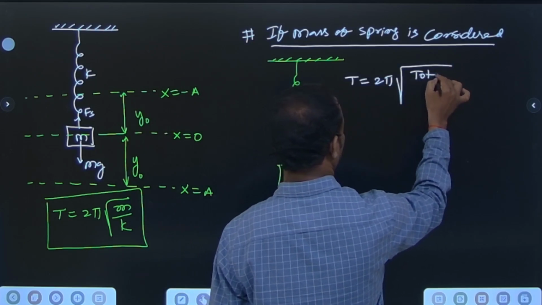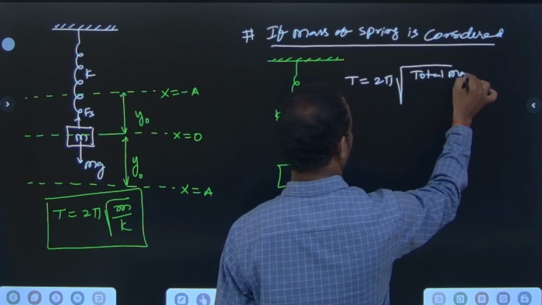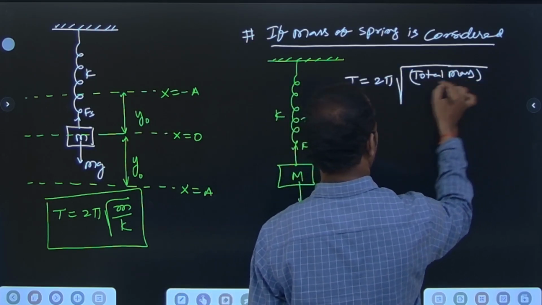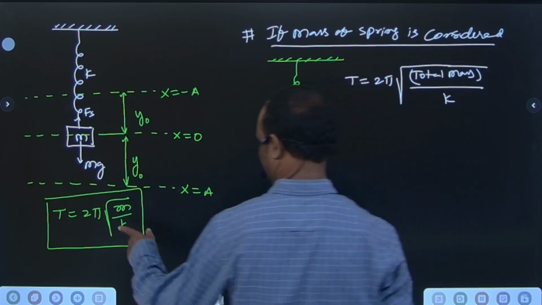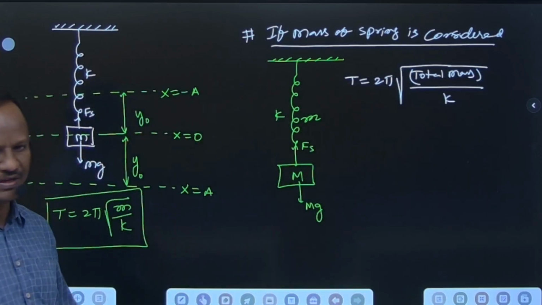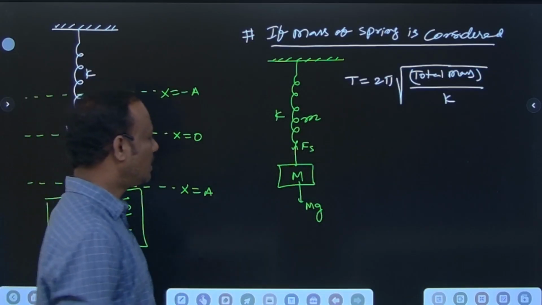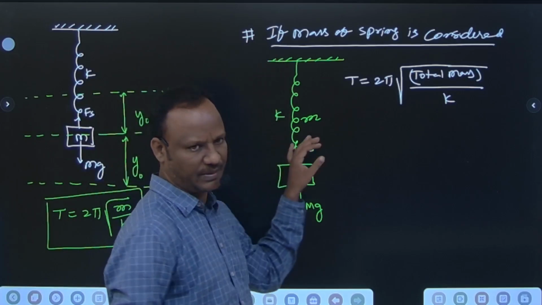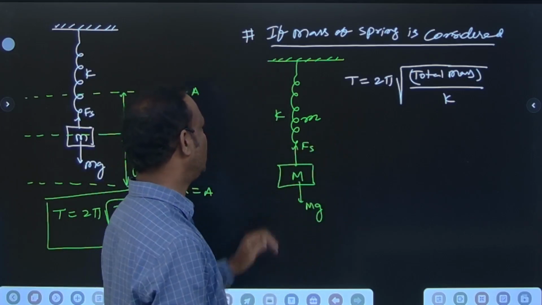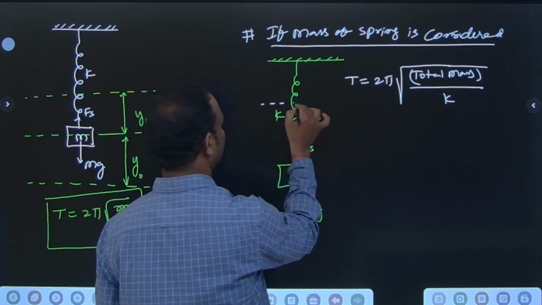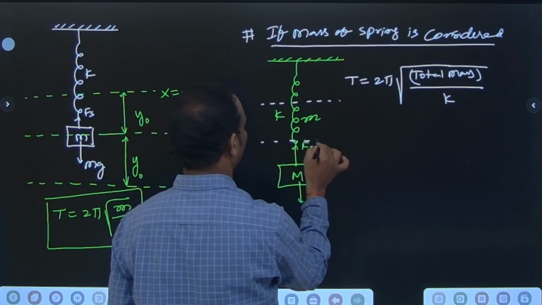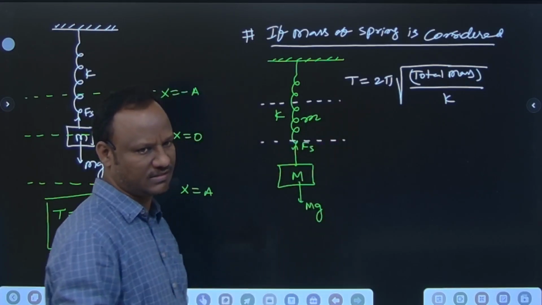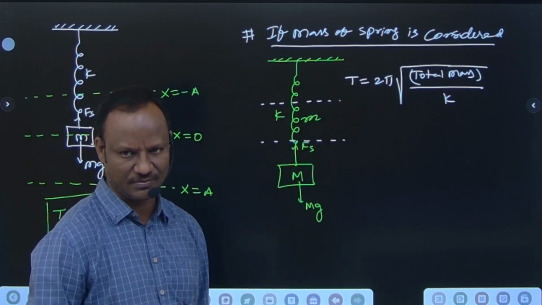mass by K. What is the condition? T is equal to 2 pi under root of m by K, where total mass is the mass of the body and spring. Experimentally, when the spring is elongated, one third part of it has maximum elongation.